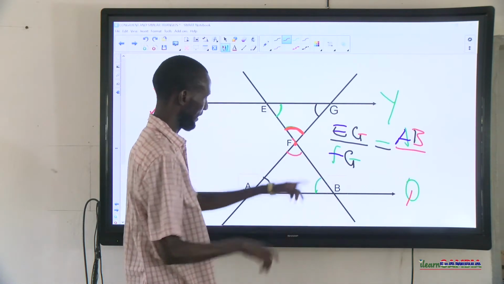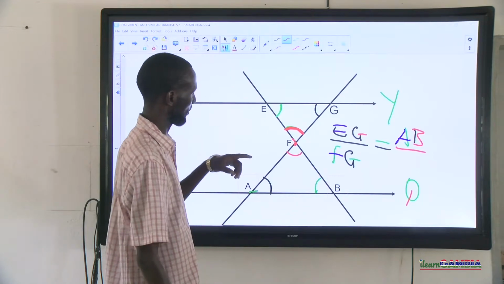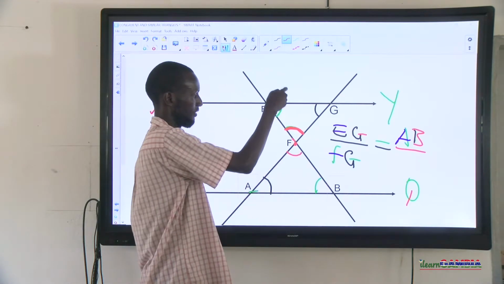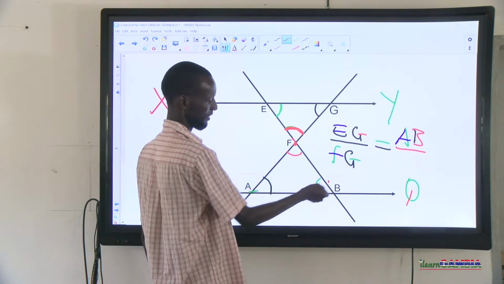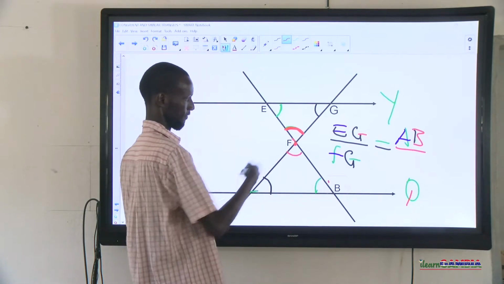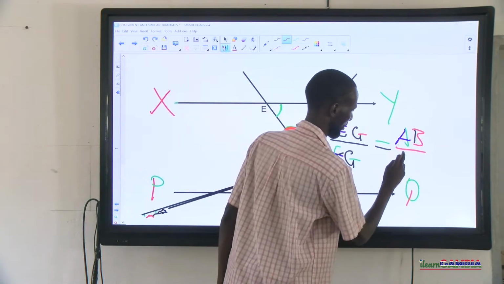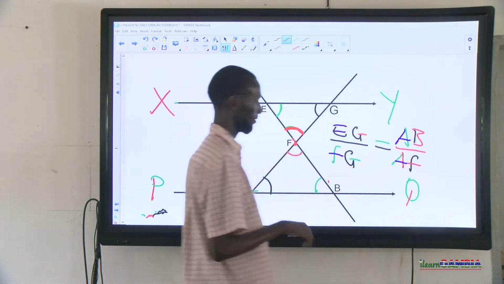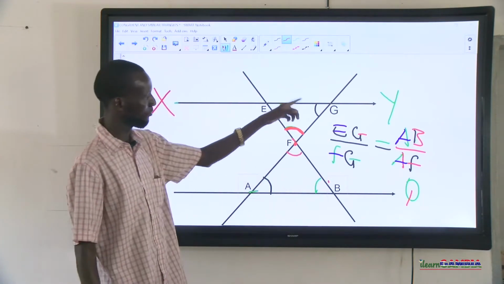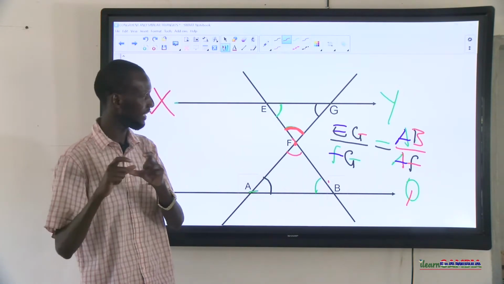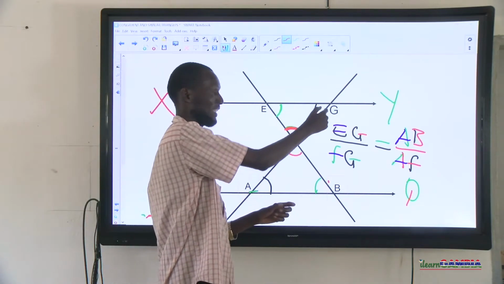Now for FG, I took the side opposite the green angle of this triangle, so I must take the side opposite the green angle of the second triangle, and that is AF. So that gives you the ratio AB over AF. So this works, and you could take any two sides you wanted, so long as you are consistent with the angles and the sides, all right?